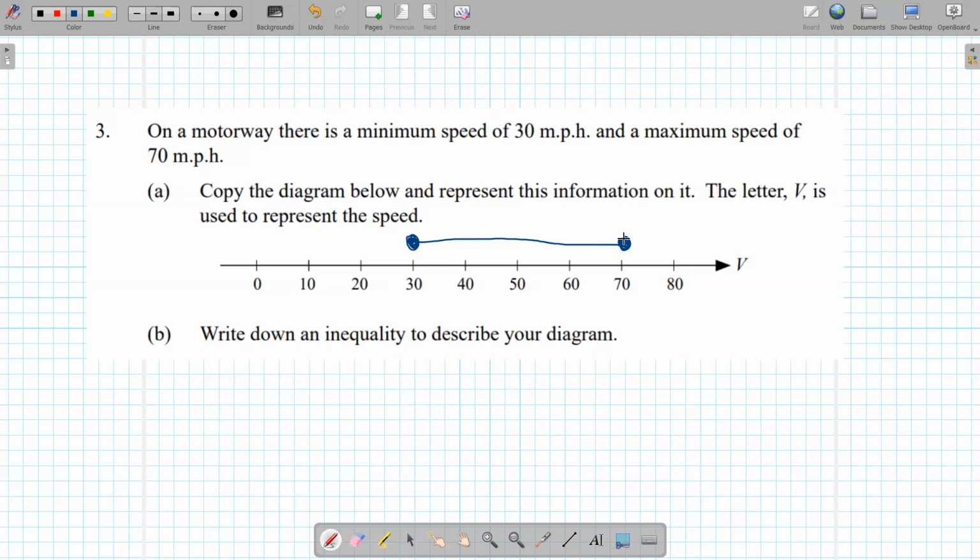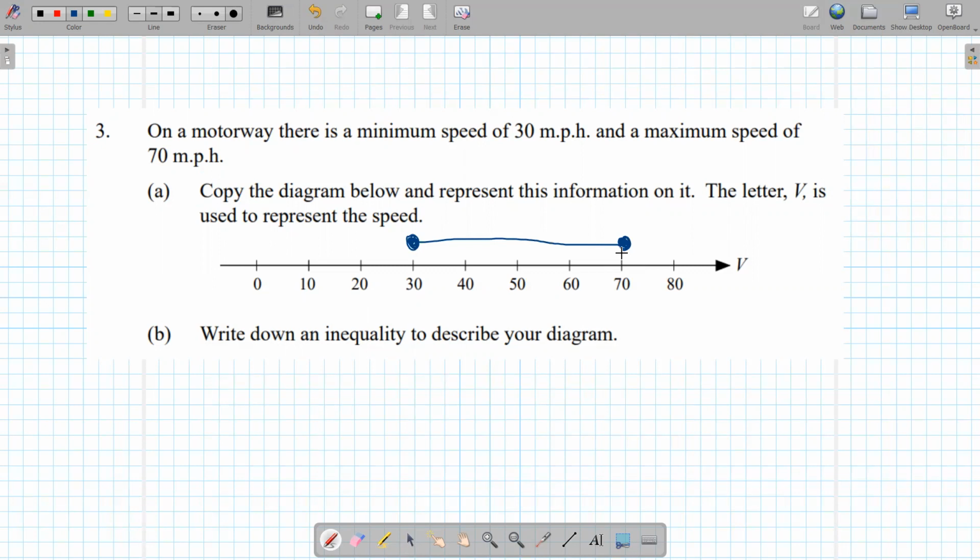What's the equation for part B? Write an inequality to describe your diagram. Well, you have the graph up there, right?